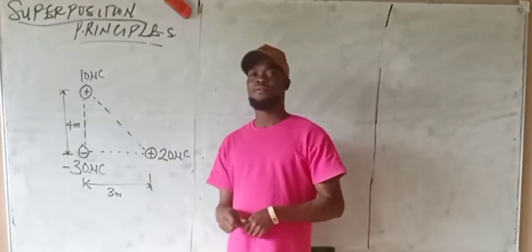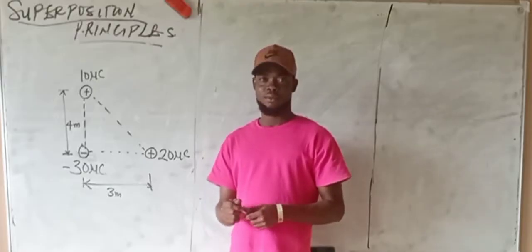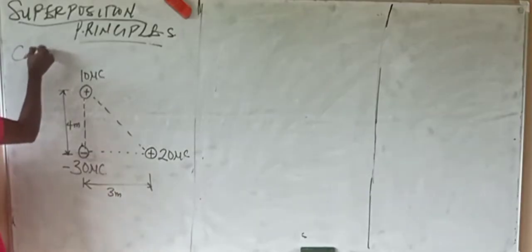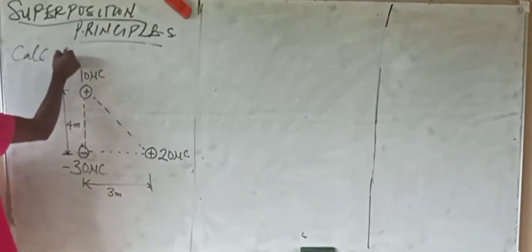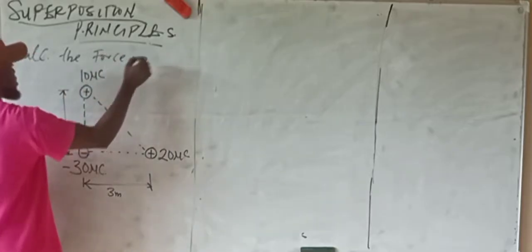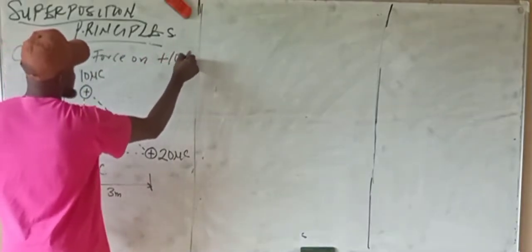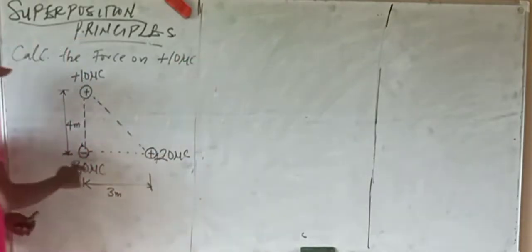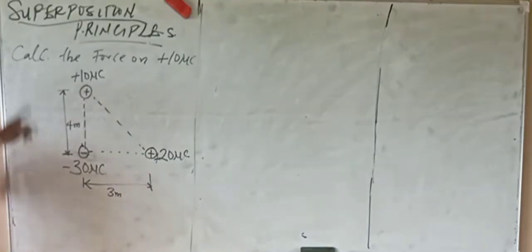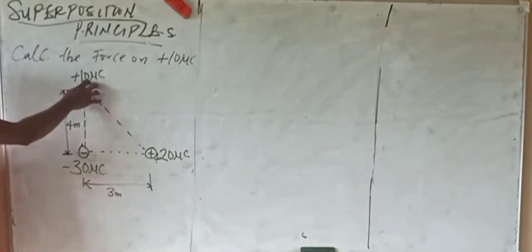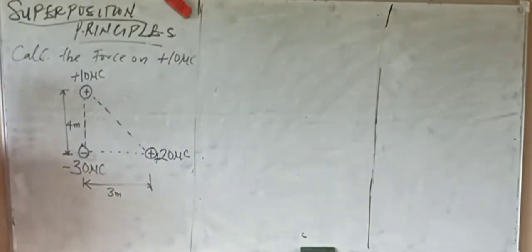Let's assume we have this type of question, and we have to calculate the force on plus 10 microcoulomb, where this is plus 10, this is plus 20, this is minus 30. So we calculate the force on the plus 10 microcoulomb, which is this. How are we going to do it?